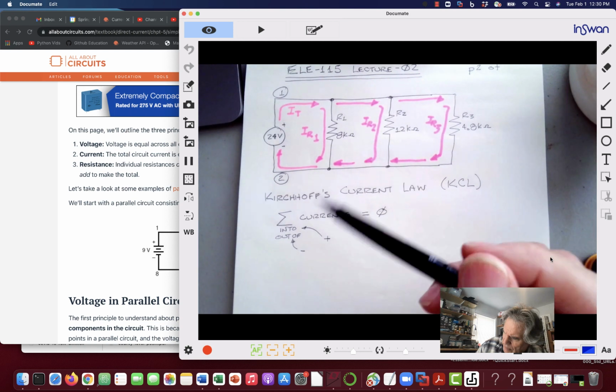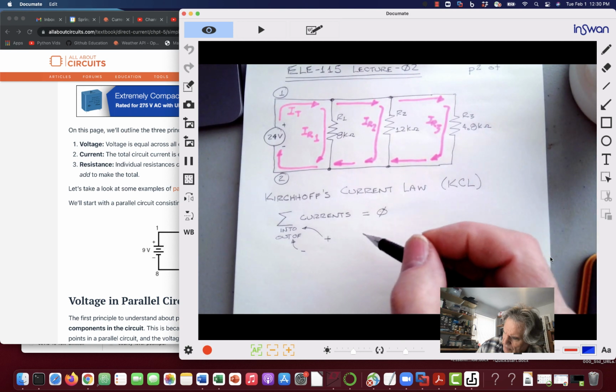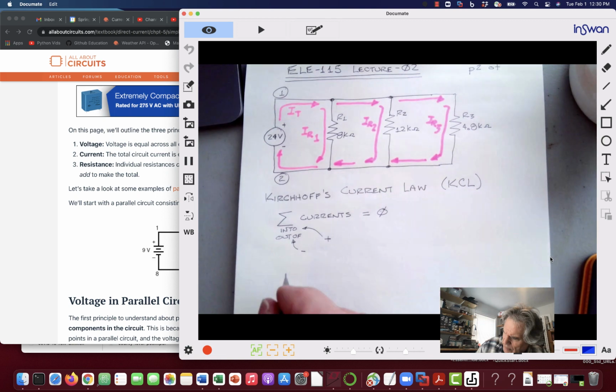All right, so if we give those different signs, when we add them up, they have to add up to 0. So what do we have? We have IT that flows into node 1.